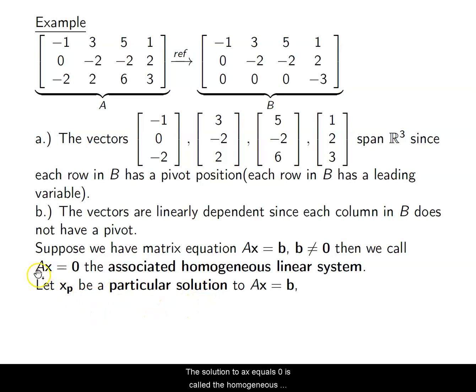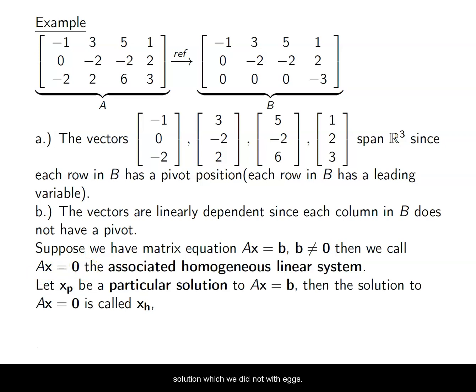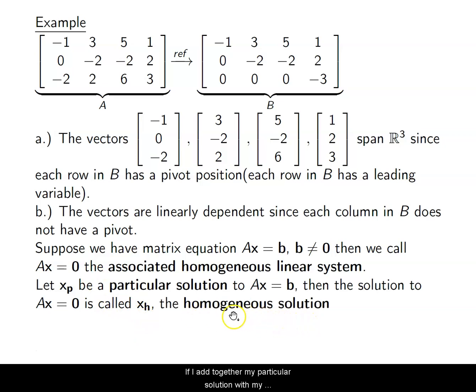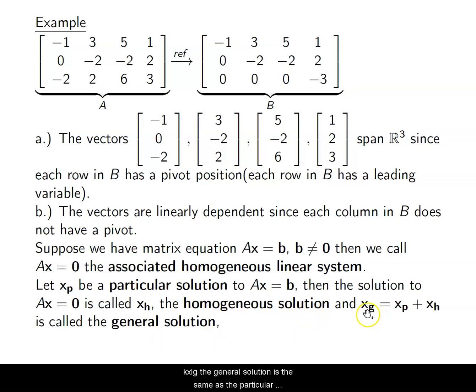The solution to AX equals 0 is called the homogeneous solution, which we denote with X sub H. If I add together my particular solution with my homogeneous solution, that is called my general solution. X sub G, the general solution, is the particular solution plus the homogeneous solution.